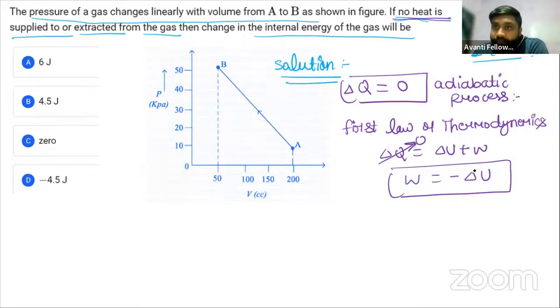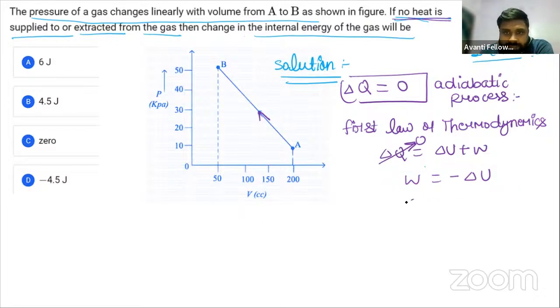Work is done at the expense of internal energy, because no heat is transferred and this gas is compressing, since pressure is increasing and volume is decreasing. So how is this gas able to do work if no heat is supplied to it? It is doing work at the expense of its internal energy. Got it? More specifically, I would write it as delta U is equal to minus W.